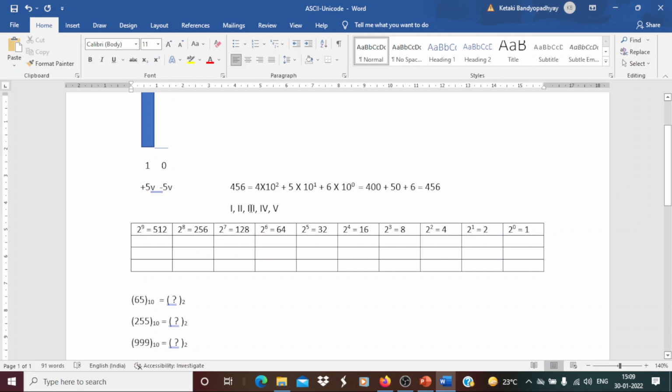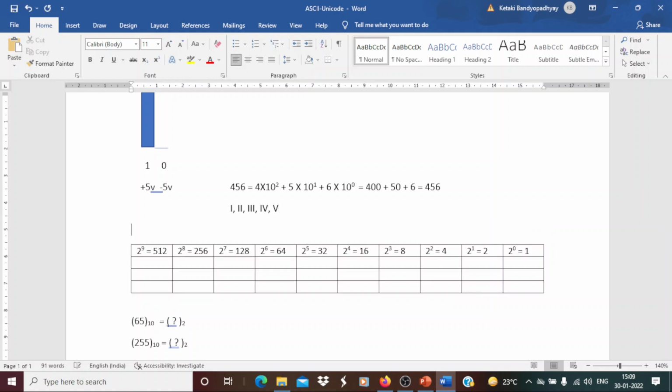So 1 2 3, maximum you can write 3. So if you want to write 4, then it will not be 1 2 3 4. It will be 5 minus 1.